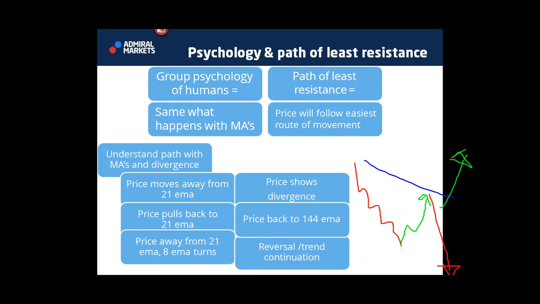It really depends on the daily chart. If the daily chart has divergence, then it's very, very likely that the bigger reversal will happen, and not the trend continuation. If there is no divergence, then probably the red arrow will occur, and indeed we'll get a trend continuation.